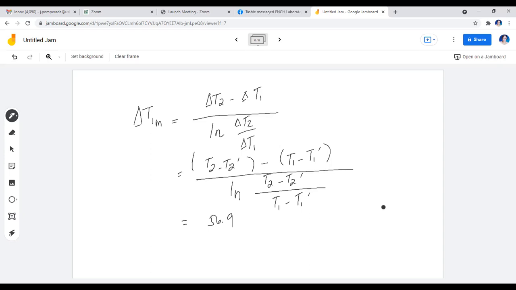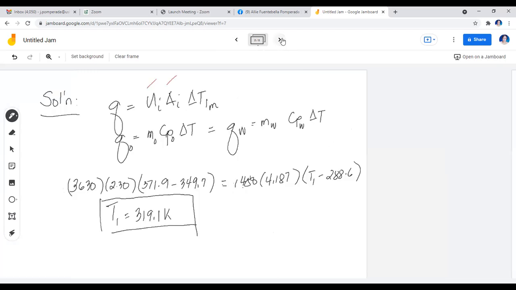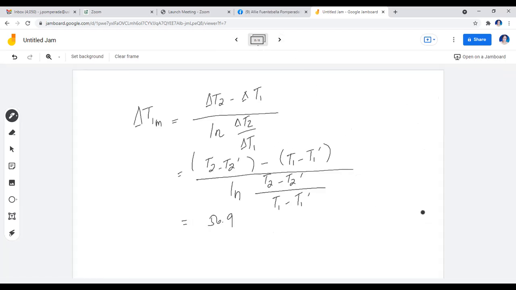So knowing your delta T log mean, any of the Q values that you have here will do for determining the AI. So for that matter, we can have mass Cp delta T, let's say, of the oil. This time would be equated to UI AI delta T log mean. This is actually our equation 1.